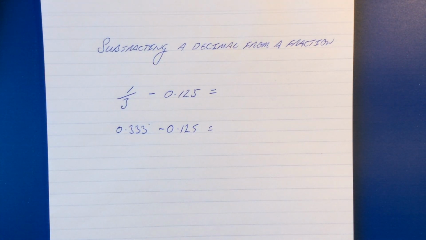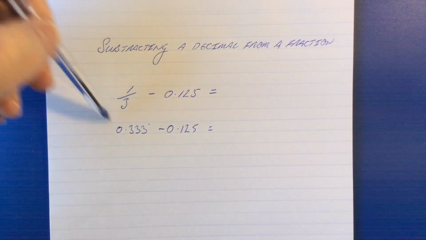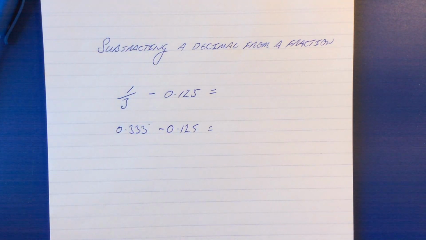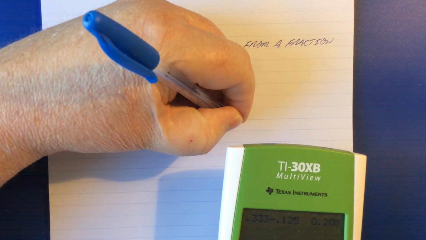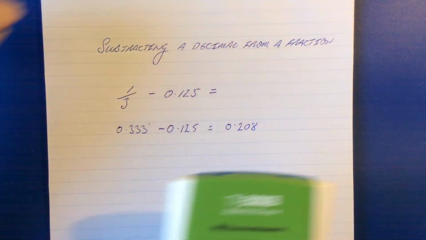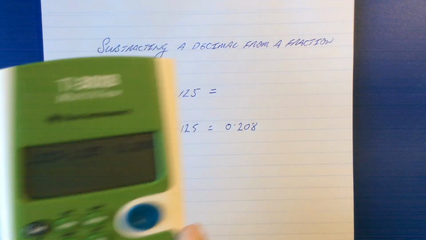And it is a job that you can do on a calculator. It's not impossible to do this by hand, but we'll just do this by calculator just to show you a couple of things. So I'm going to put the 3 threes in and subtract 0.125 from that. And what I get is 0.208. Okay, I hope you can see that.